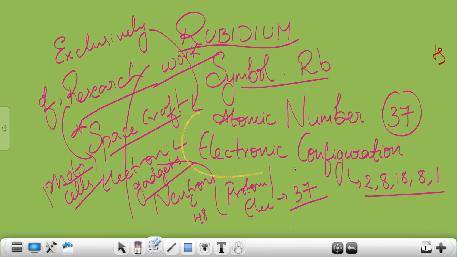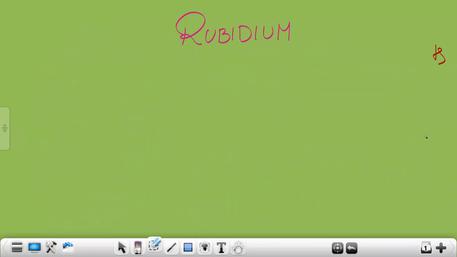Ma'am, we should remember this electronic configuration, number of neutrons and all. For this 8th grade, it is not given for all elements. Generally we have 118 elements, but I am not going to explain all 118 elements. We are going to learn about alkali metals.